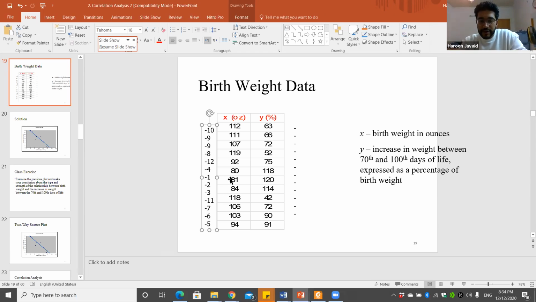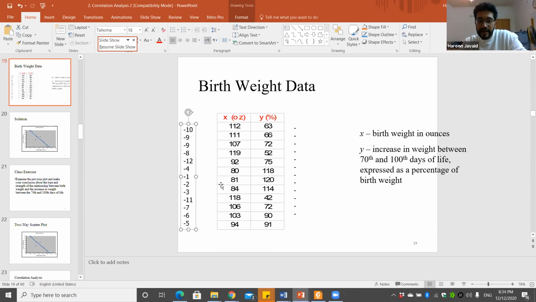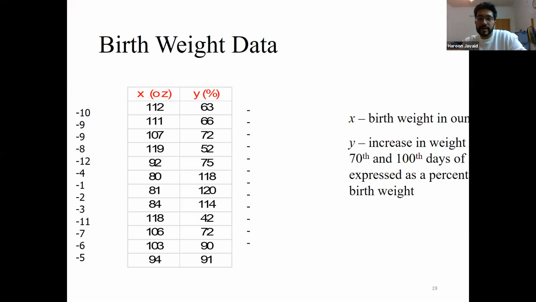Let me explain. So you see which is the smallest value from all of this? It's 81, right? So basically I'm ranking, yeah, you know what? It's going to be a lot easier if I just annotate on top of this. So basically I'm ranking this as 1, this as 2, this as 3.